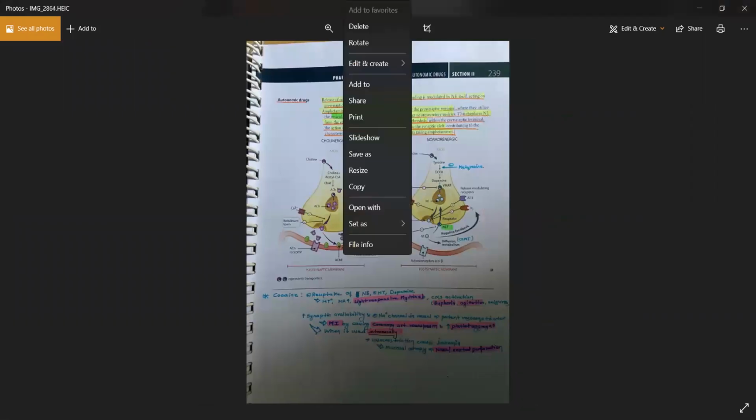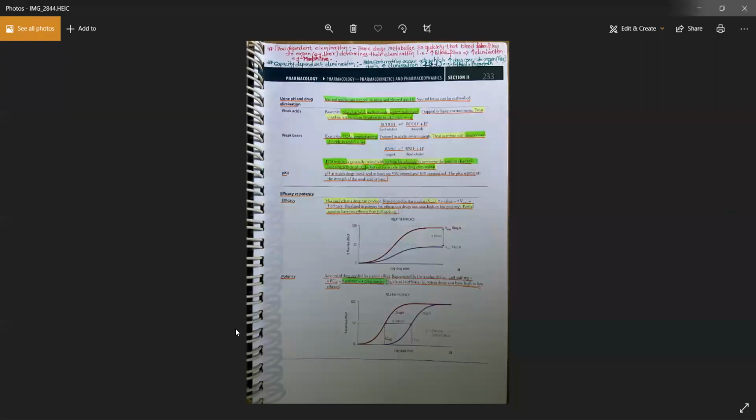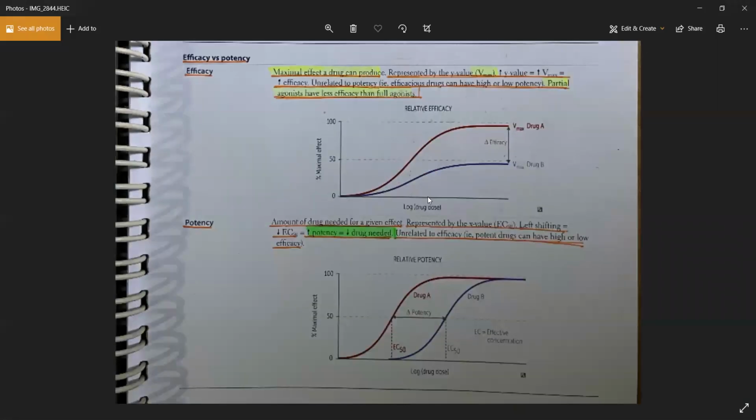Let me show you. Remember these graphs? Yes.